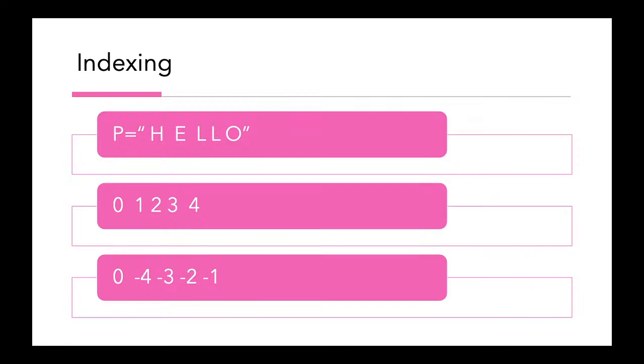Then we have our normal number system 1, 2, 3, 4. Now here if you see E is given 1, L is given 2 and another L, the second L is given 3, the last object is given 4.